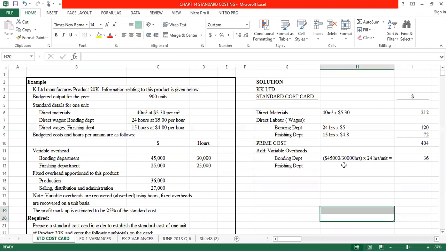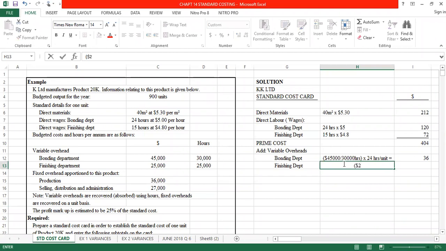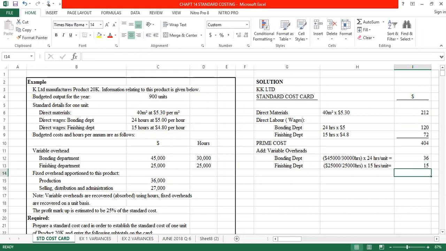So for finishing, it will be $25,000 divided by 25,000 hours times 15 hours per unit.